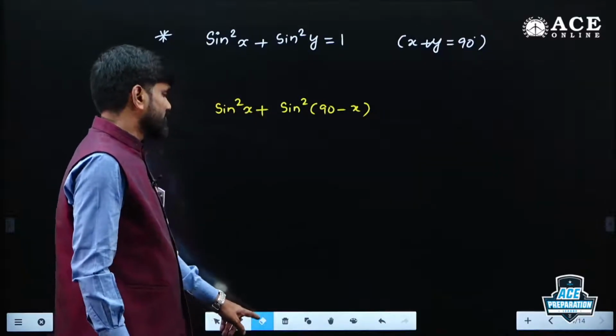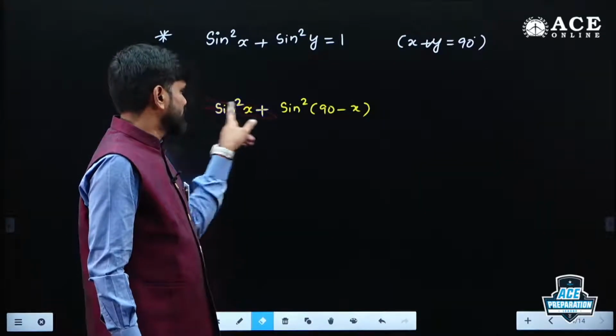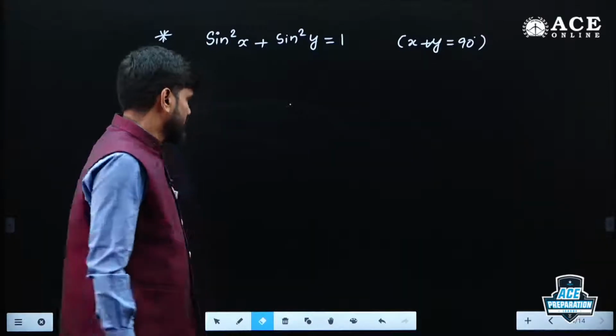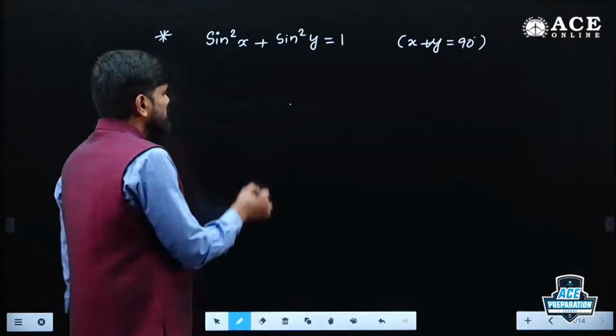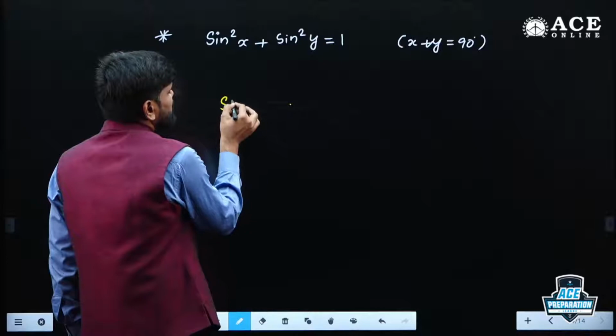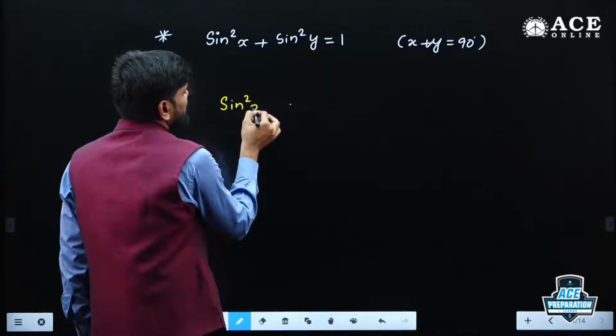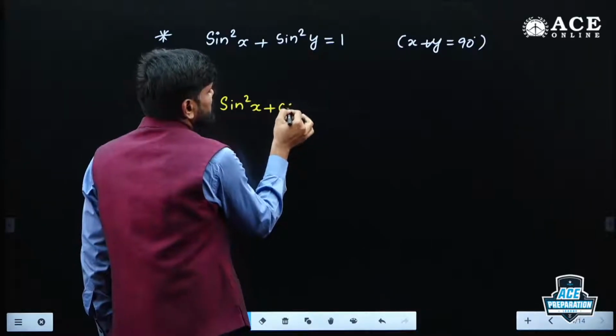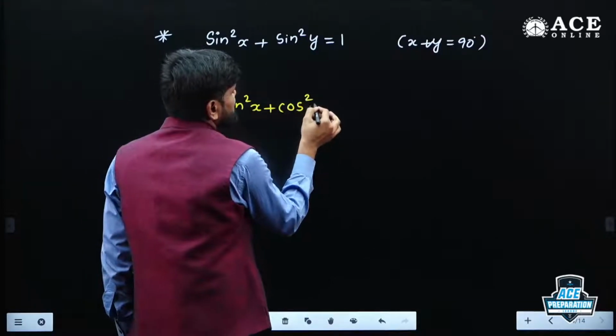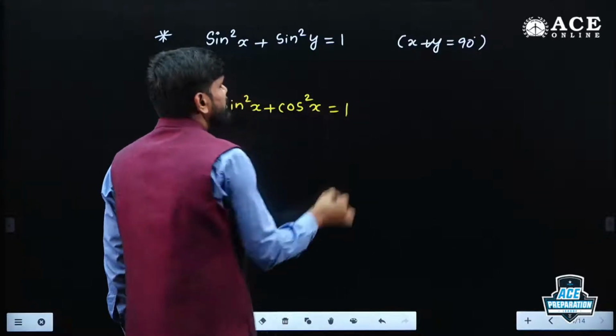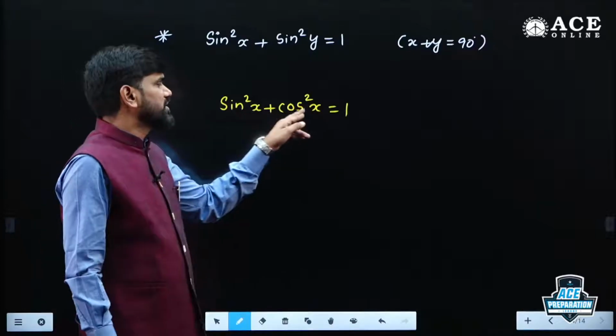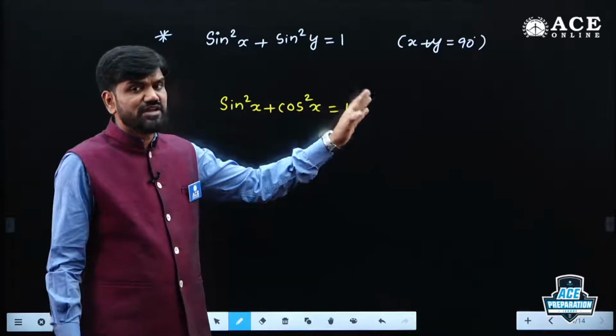I will try to prove it the other way around. Let me show the other way of looking at the proof here. I will start with sin square x plus cos square x is equal to 1. This is what we know. For any value of theta, sin square theta plus cos square theta will always be 1, as we have already learnt.